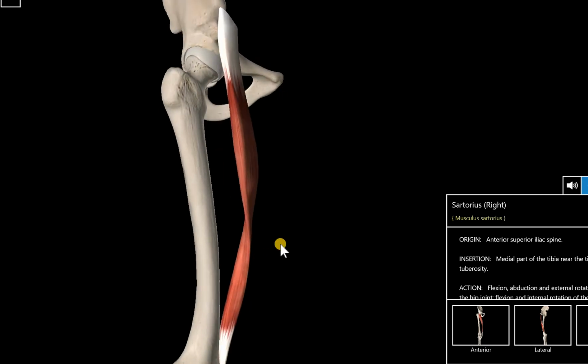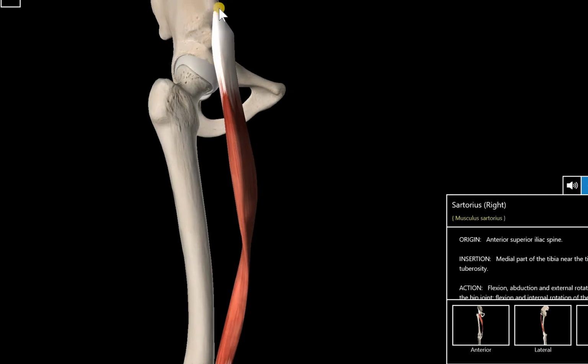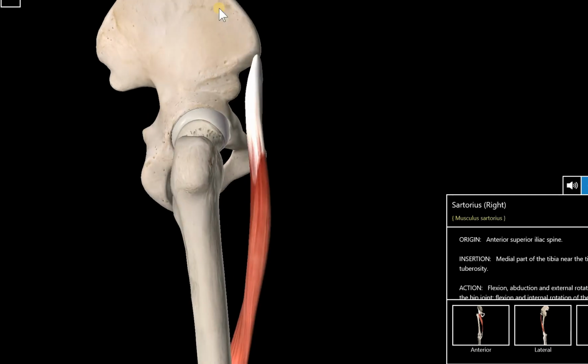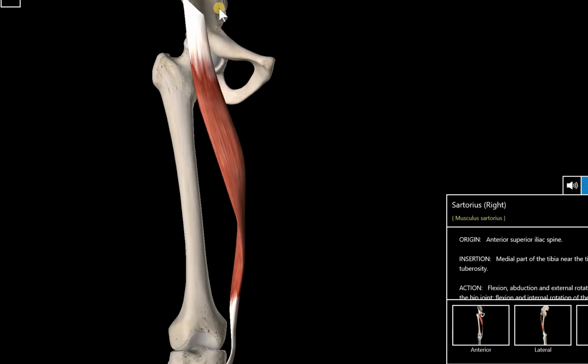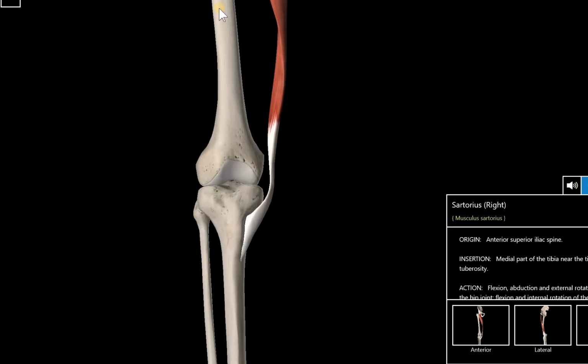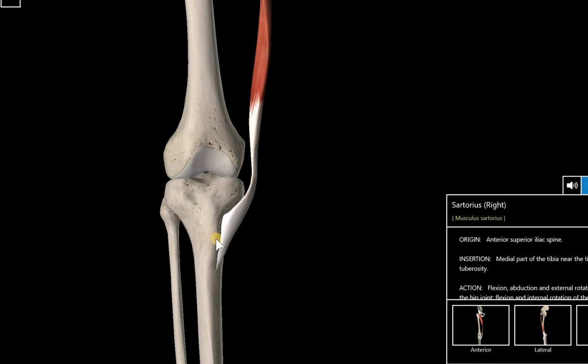The origin is the ASIS, the anterior superior iliac spine, and the insertion is down on the medial aspect of the tibial tuberosity.